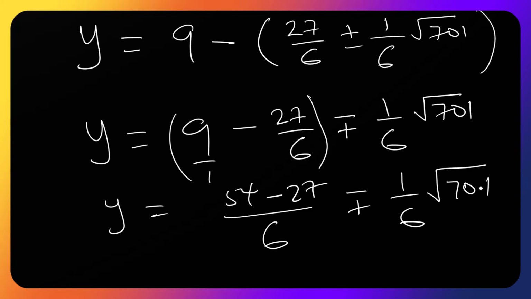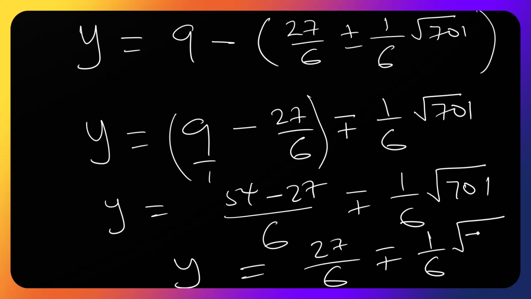So in the calculator, 54 minus 27, that would be 27. So y equals 27 on 6 minus plus 1 on 6 square root of 701. So that's the final answer.